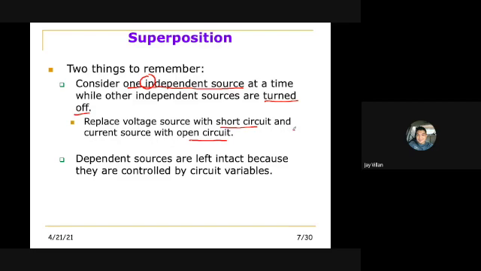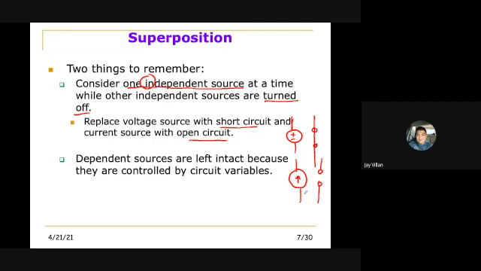So if initially there is a voltage source in some part of the circuit, when you turn this off, it becomes a short circuit. And for a current source, the current source will be replaced with an open circuit.